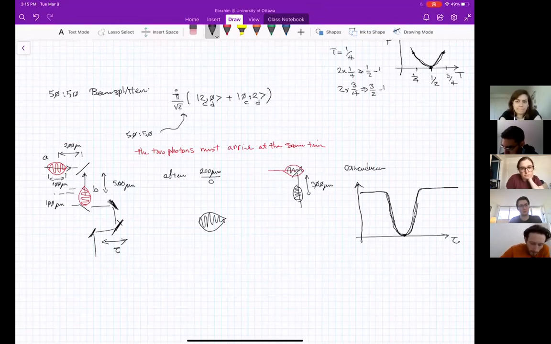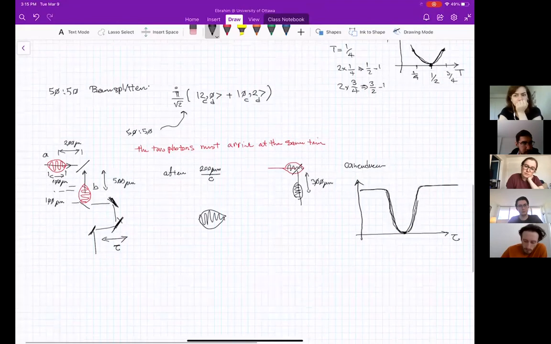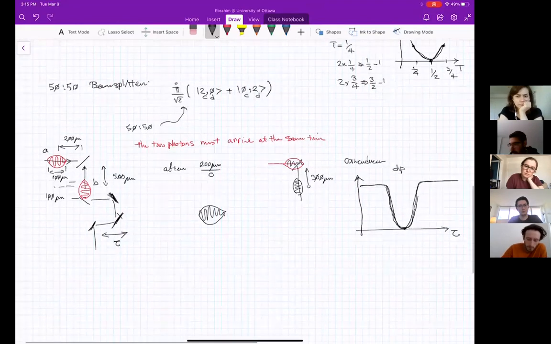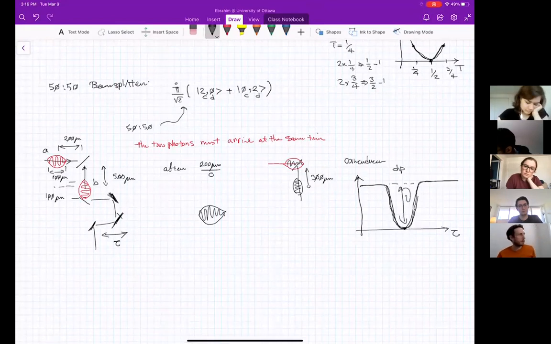However, if you look at some of those papers on the Hong-Ou-Mandel, they call it the Hong-Ou-Mandel dip. And this is the visibility, that is what we call it. Visibility is coincidence at maximum and coincidence at minimum.